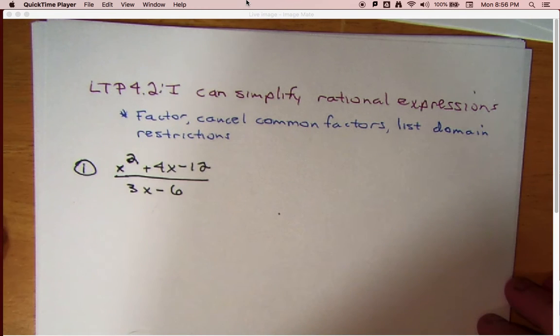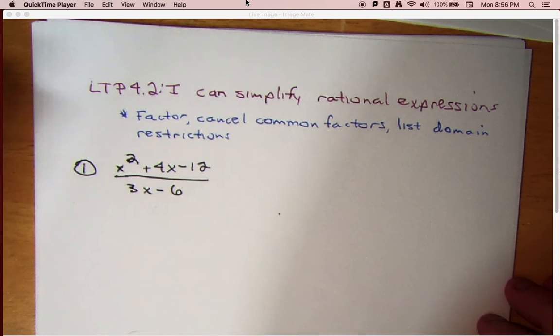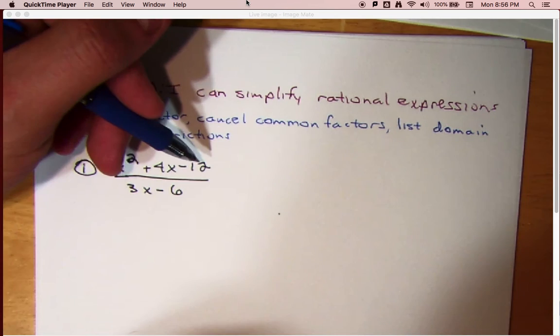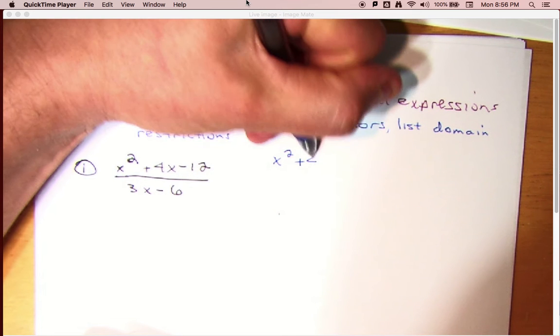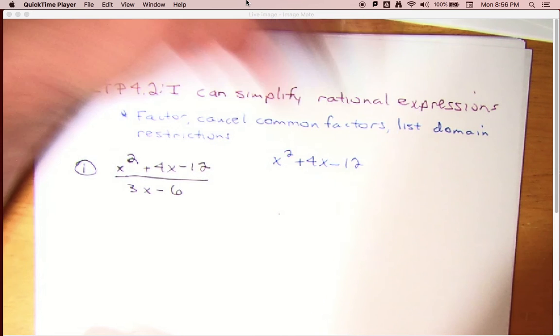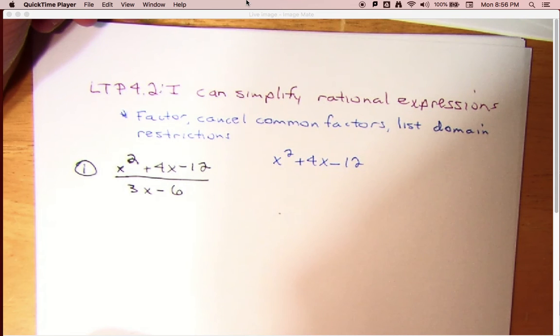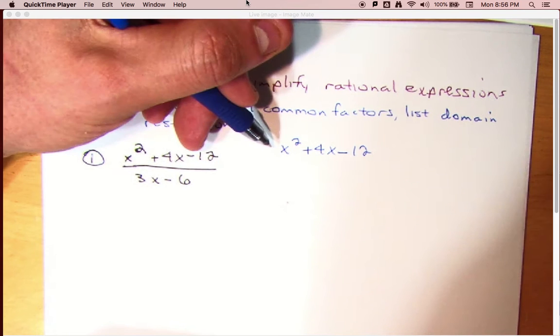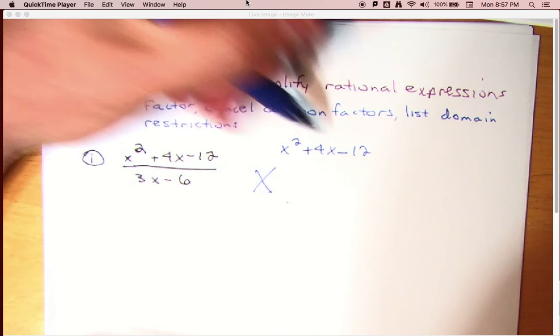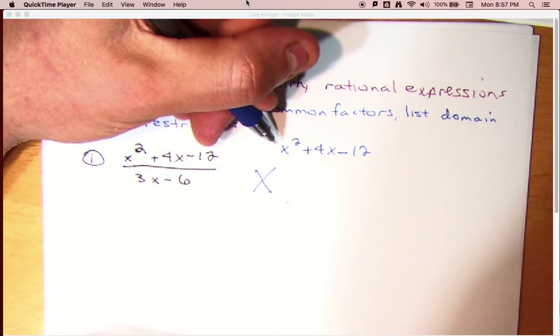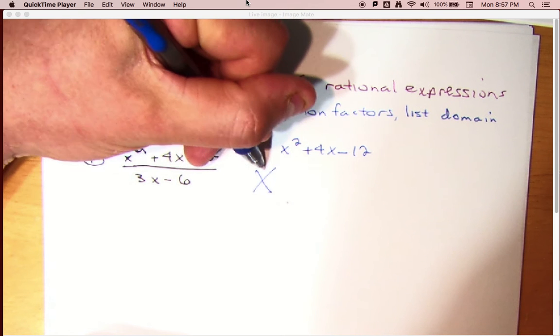So what I'm going to do is I'm going to kind of separate these two things off to the side here. So I'm going to rewrite my x squared plus 4x minus 12, and I'm going to factor that one first. Okay? So I factor my numerator here. You know this is going to be a factor x. So I take negative 12 times 1, and I get negative 12 up there.